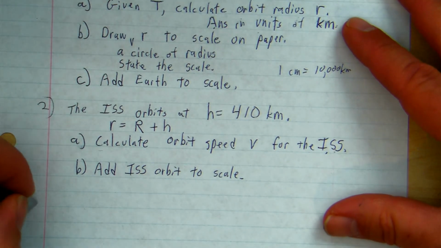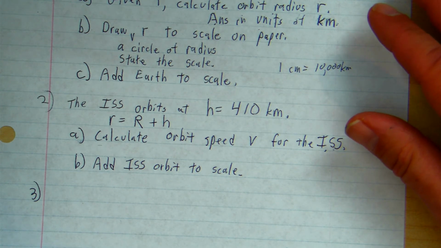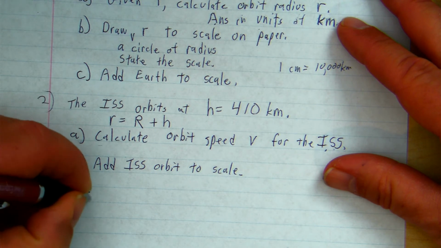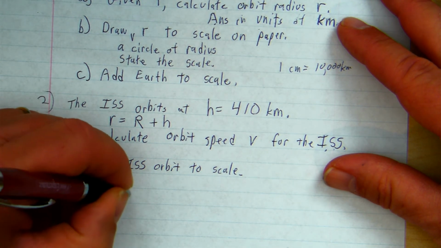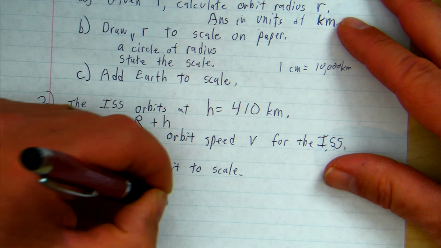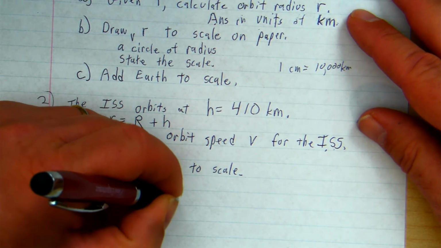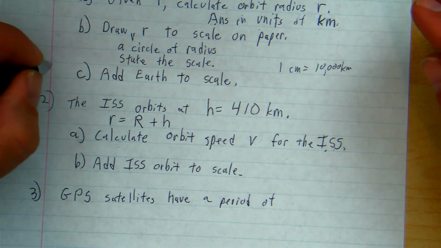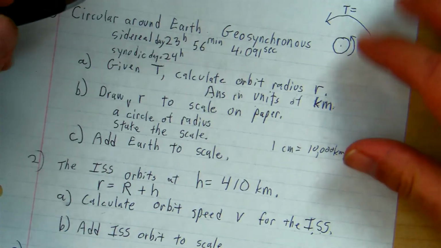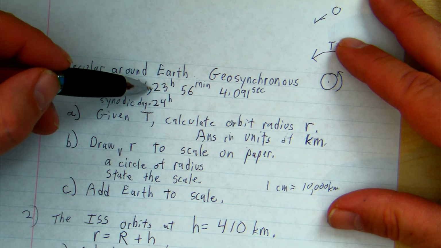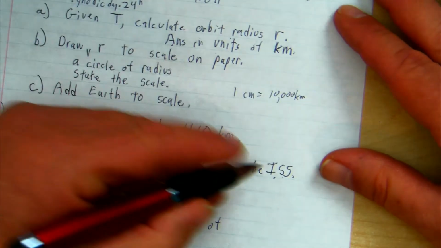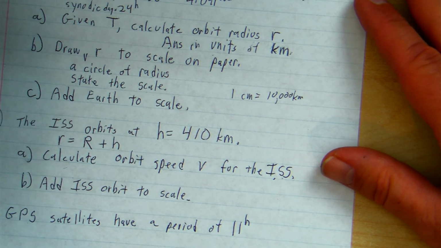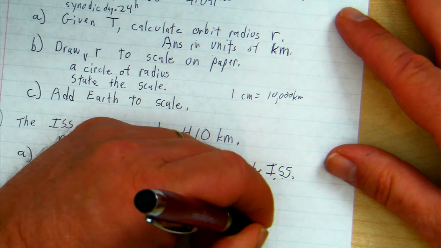All right, and problem 3. GPS satellites have a period of, truthfully, it's half a sidereal day. So you could say 11 hours and 58 minutes, and that would be good enough.